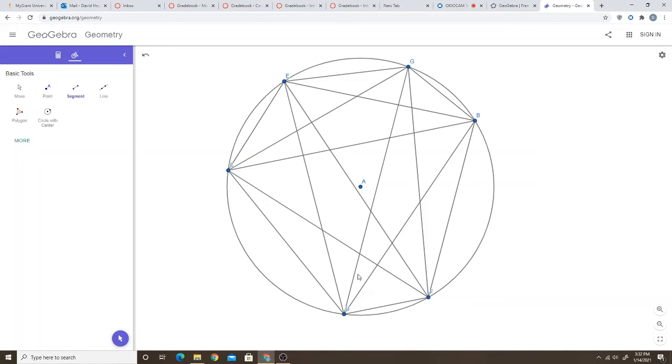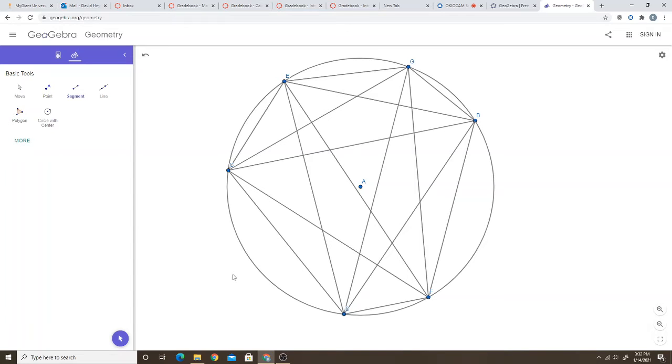I can't remember if I counted that one, so maybe 27 or 28. 29, 30, 31. Okay, 31. The correct answer is 31. You can pause the video and try to count it yourself, but there are 31 regions here, not 32.